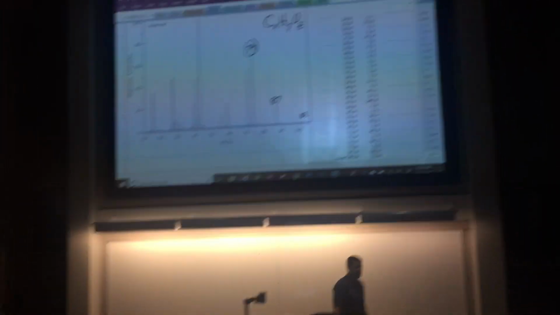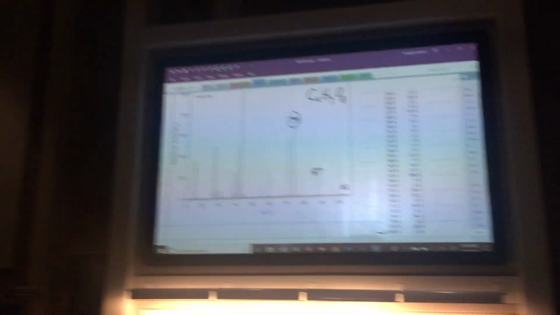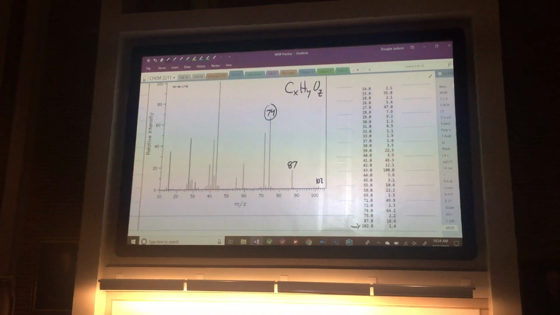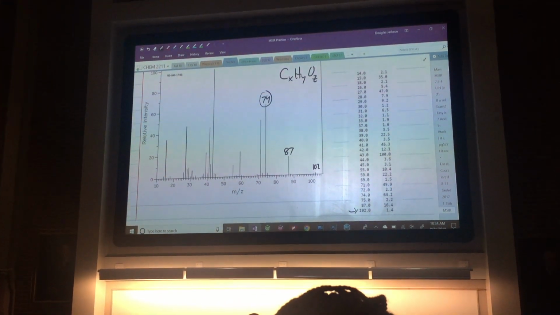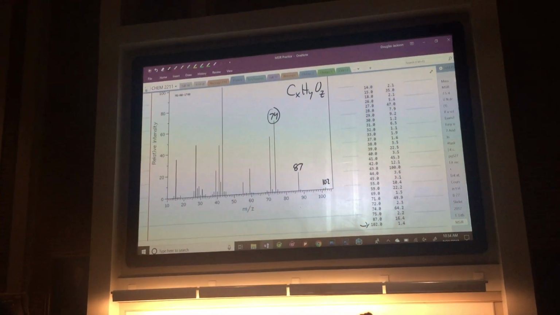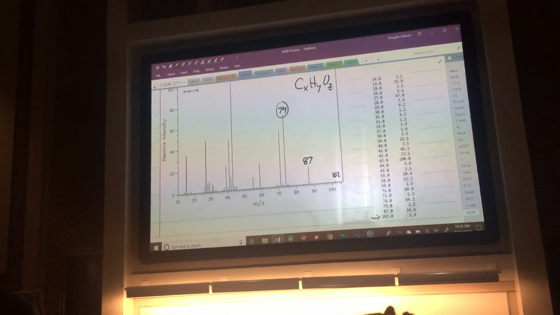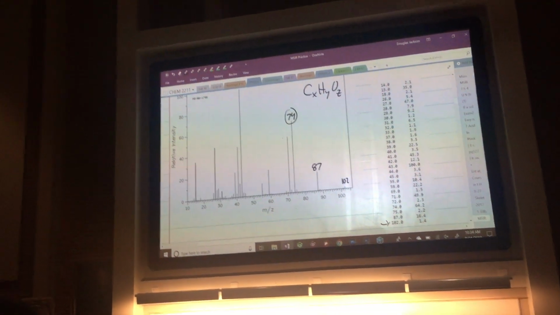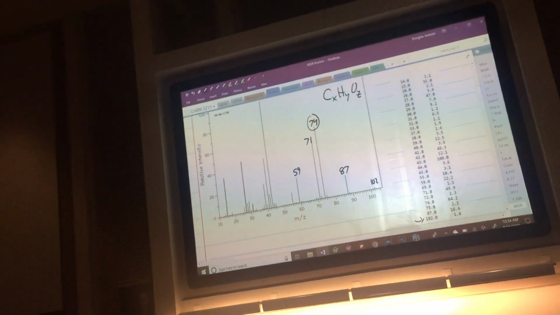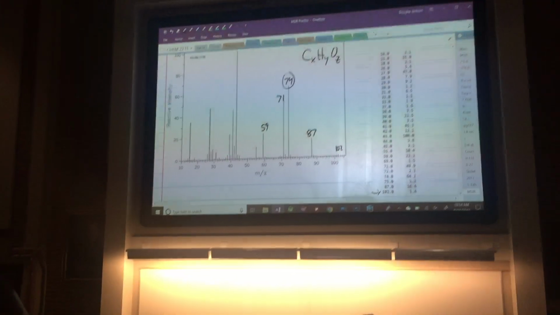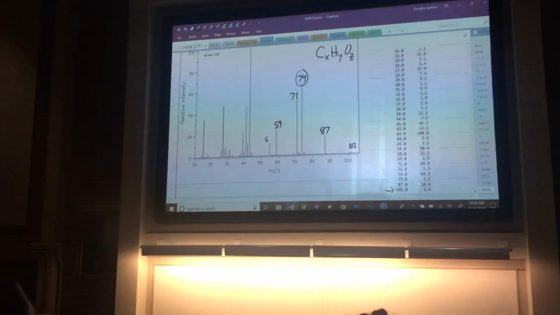That's an even mass on a fragment. That's special. It's either M-18 and a loss of water, or it could be a McLafferty rearrangement. We'll check that in just a minute. Next highest mass, 71. 59. Okay, 55 is a little small there. Well, we may look at that.